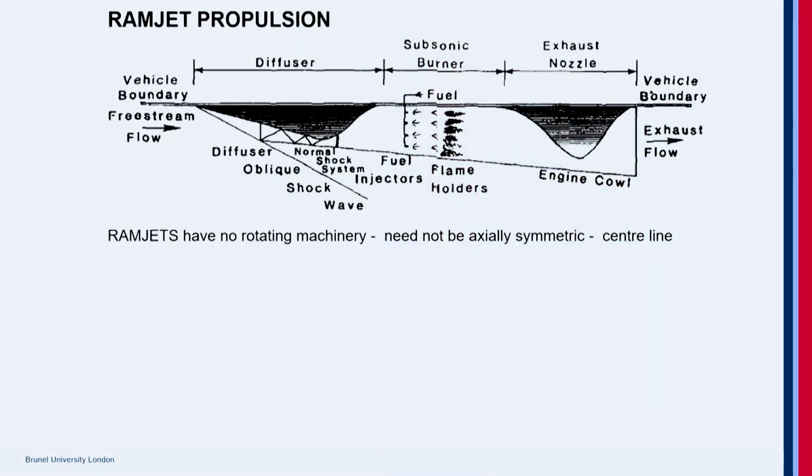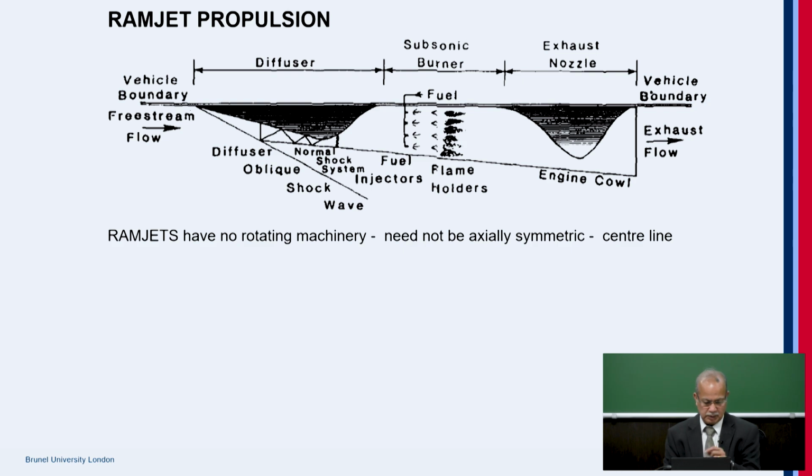And so here is the RAMJET propulsion system. Where you see that you have an inlet which is dominated by shocks. First of all, let's look at the geometry of the inlet. The geometry is convergent and divergent.